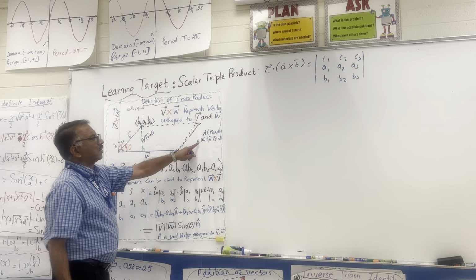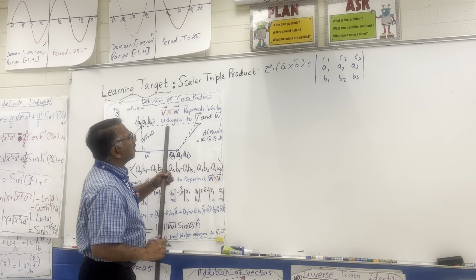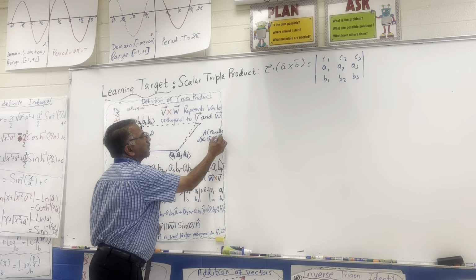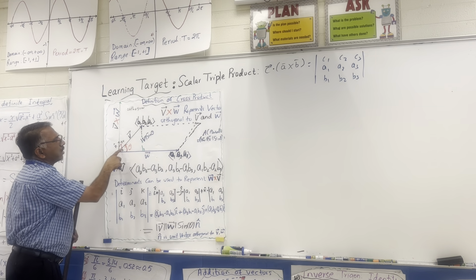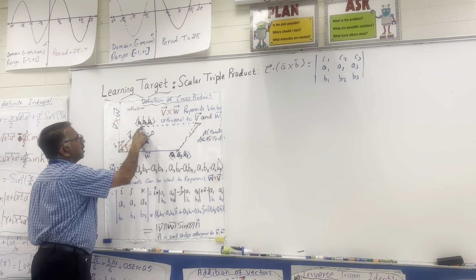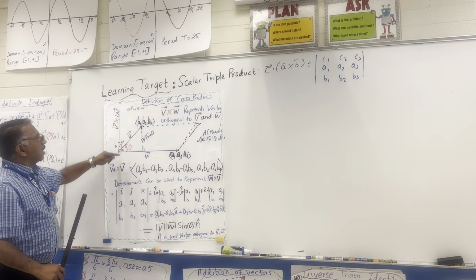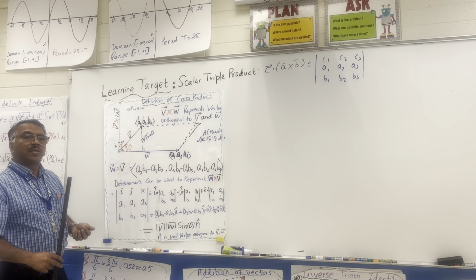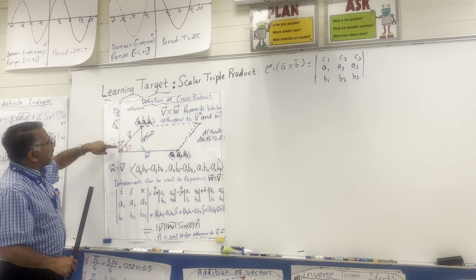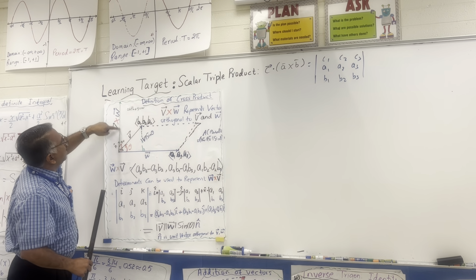So you get some number, and using this number we create a vector which is perpendicular to both the blue and the black vectors. So we create this new green vector.